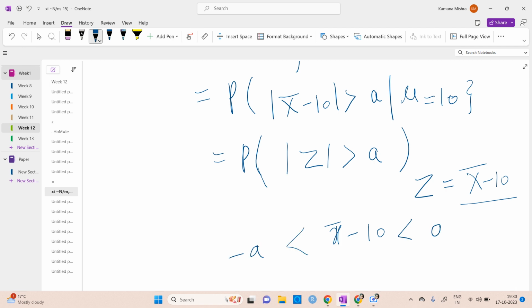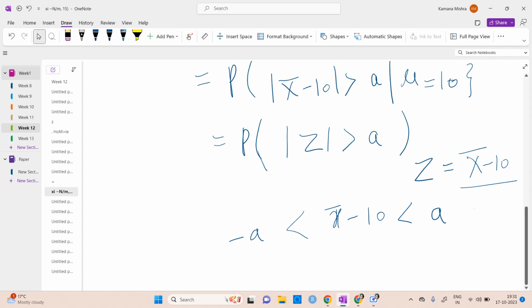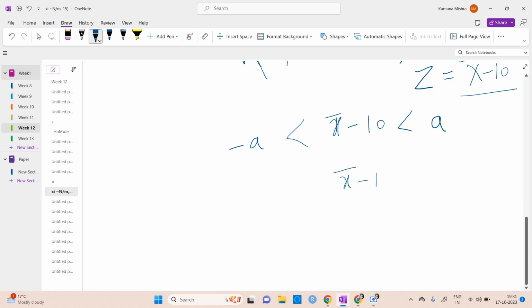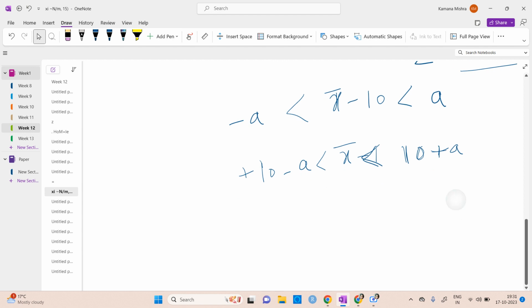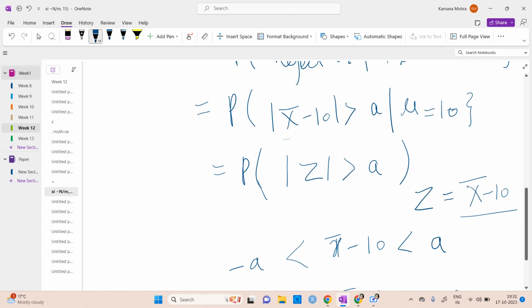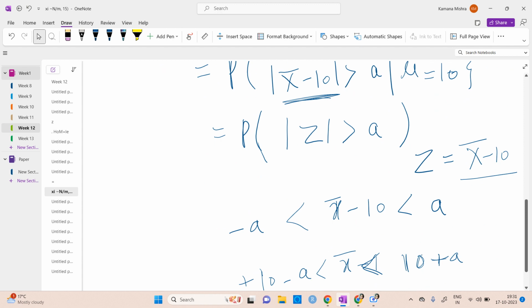You are taking mu as also 10, so when you take x bar minus 10 you will get that. So this is already your z, I think, because z is nothing but x bar minus mu, and mu is 10 already.